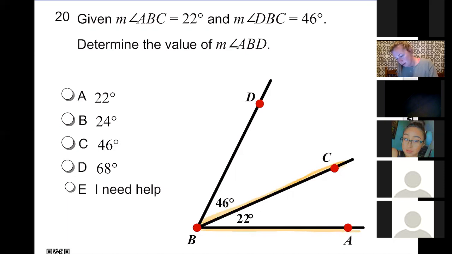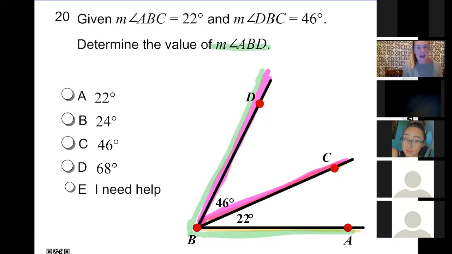Then it says DBC, which I'm going to outline right here in pink. And then lastly, it's asking us for ABD. Well, ABD is this whole entire outside. So we're going to have to add those two together to solve for this, okay? So that's question 22.